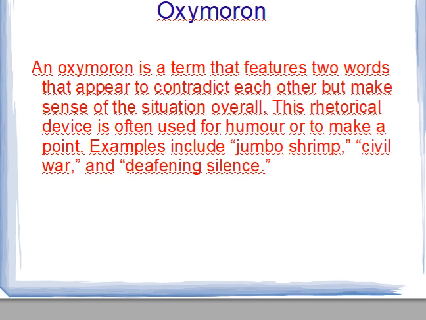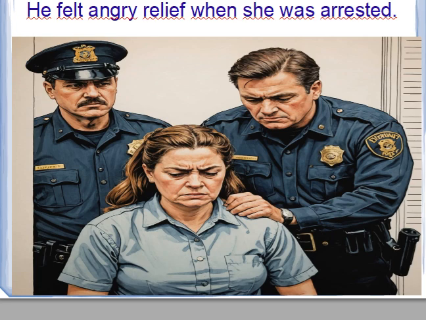An oxymoron is a term that features two words that appear to contradict each other but make sense of the situation overall. This rhetorical device is often used for humor or to make a point. Jumbo shrimp, civil war, deafening silence, angry relief.